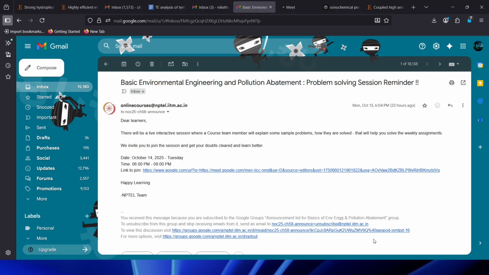Gravitational settling. And then there is also cyclone separation. And then we discussed fabric filters and electrostatic precipitators, wet scrubbers. All of these were used to remove particulate pollutants.